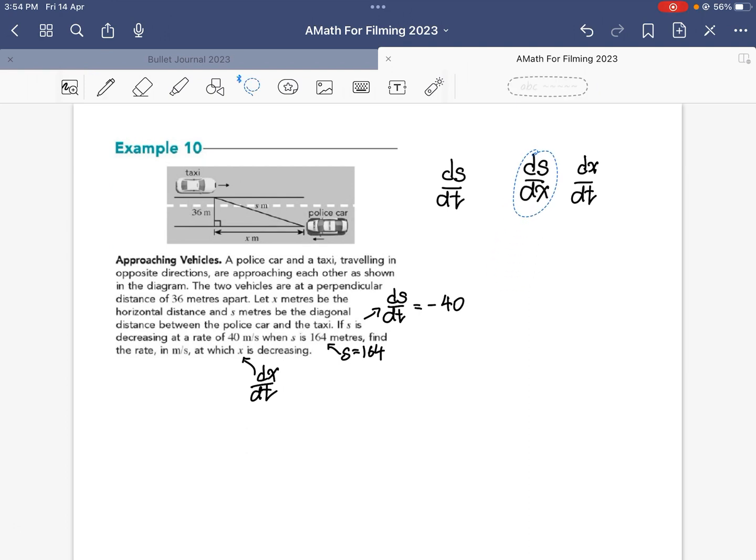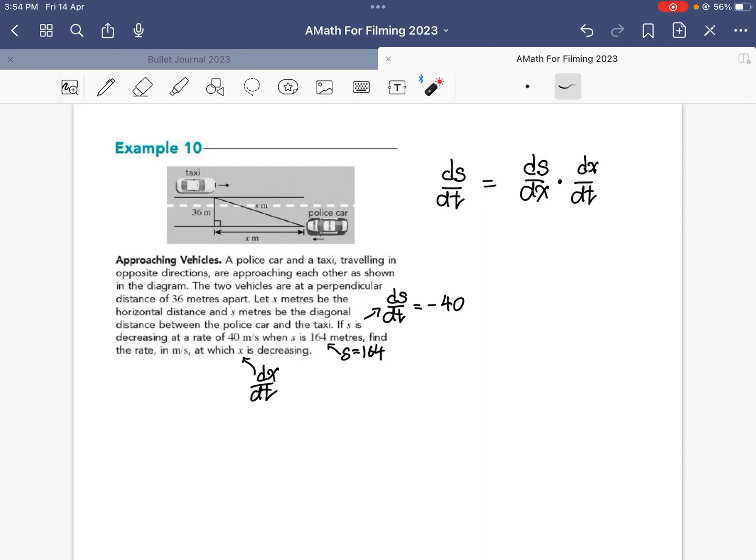If I'm able to do this, I can form my equation, and using the chain rule I can get this: ds/dt equals, you differentiate s with respect to x, and again, bad mathematics, but it helps you to form the equation. If you eliminate dx, what you get is ds/dt. That's why this equation actually pans out.